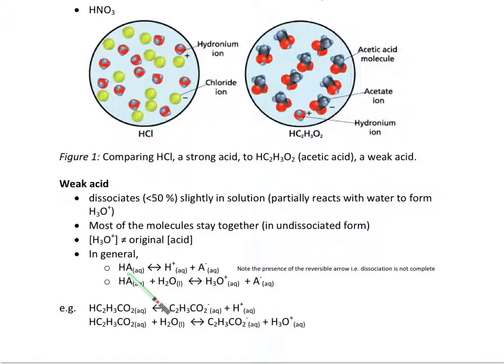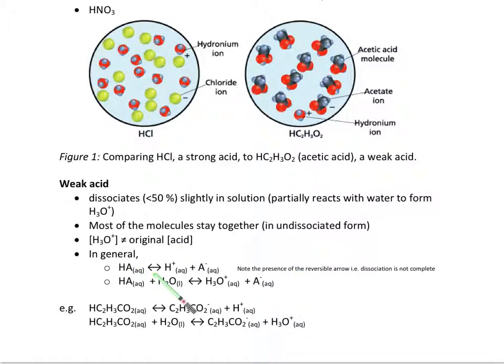But the big difference here is that you actually have some of these undissociated acid molecules in the solution. So because of that, you can't calculate the concentration of H+ directly from the concentration of the original acid. Or I should say that you can't calculate it based on the tools that we currently have in our toolbox, because we don't know the degree of dissociation.